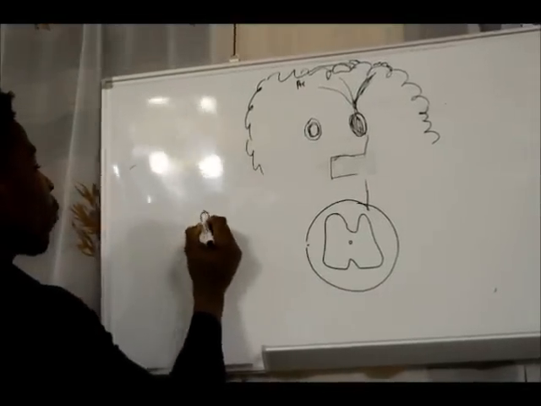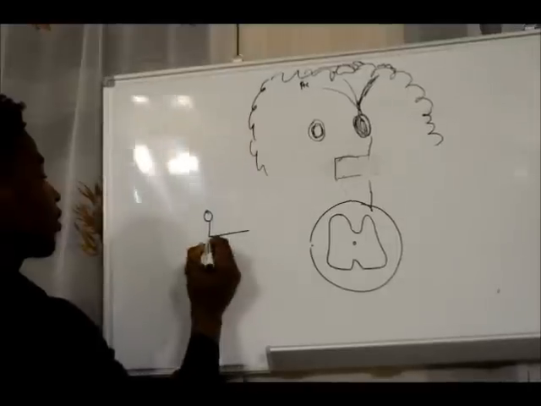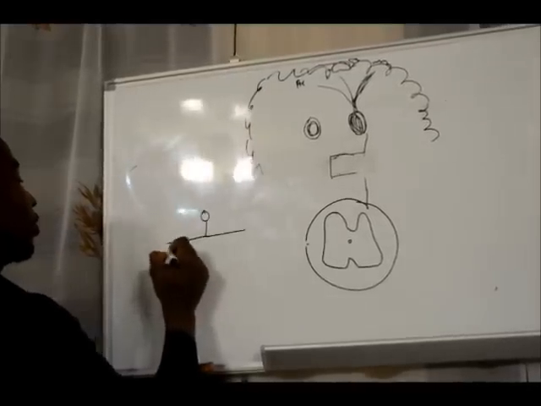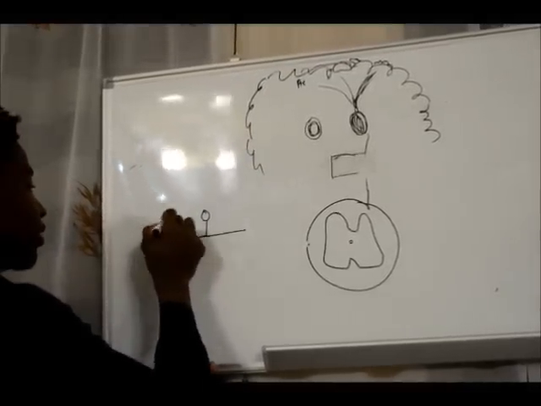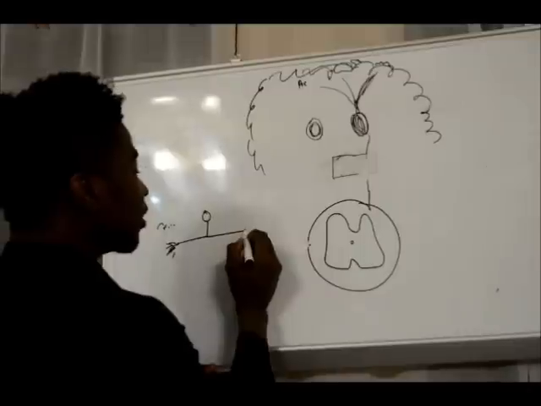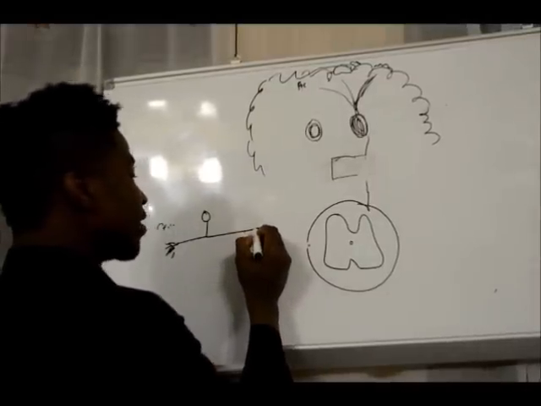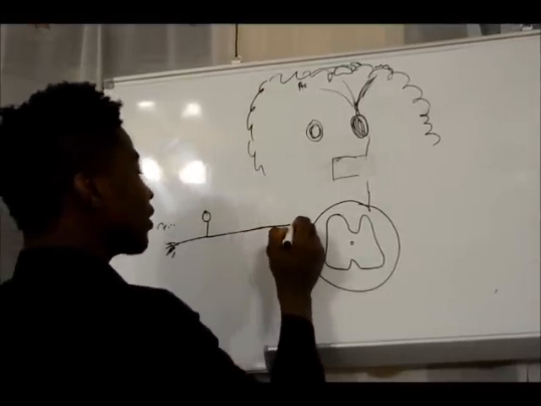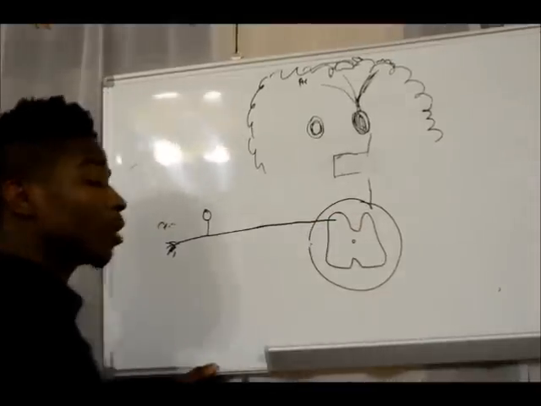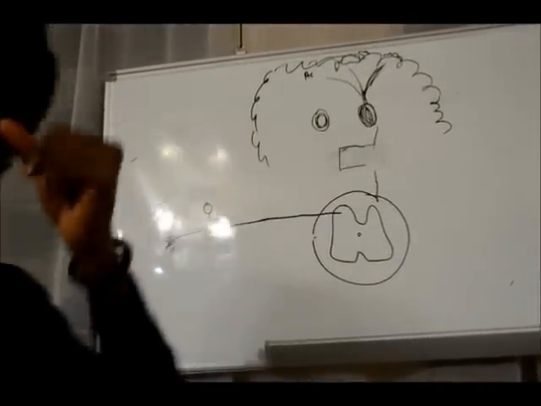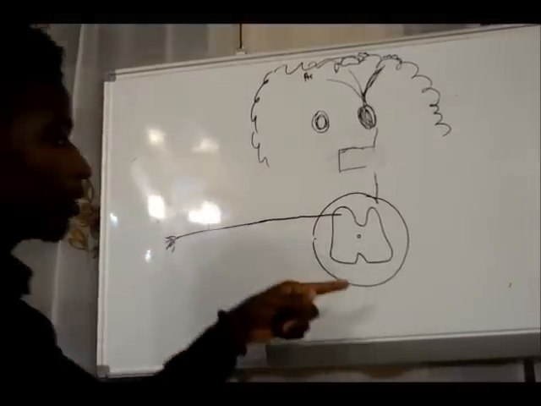So when the central process of the C fibers gets to the dorsal horn, something happens here. It terminates.